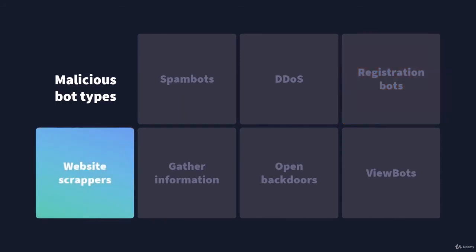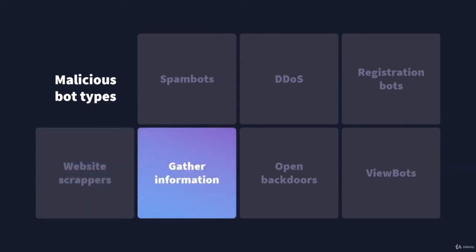Now, let's talk about malicious website scrapers. Besides legitimate purposes, website scrapers can also be used maliciously. For example, malicious website scrapers can be used to obtain the content of websites in order to create malicious copies of said websites. Related to this, there are bots that scrape the internet for information about individuals.